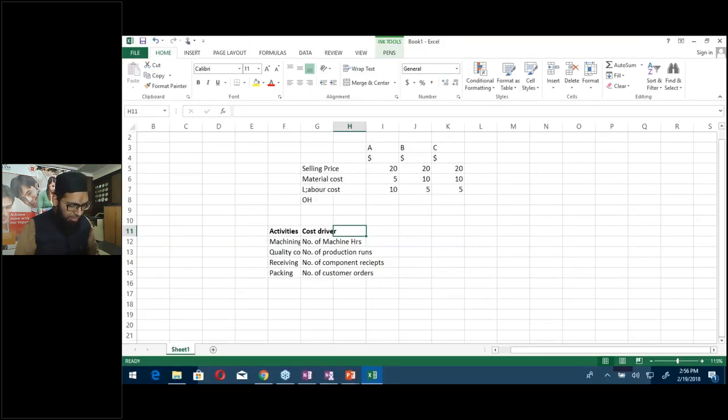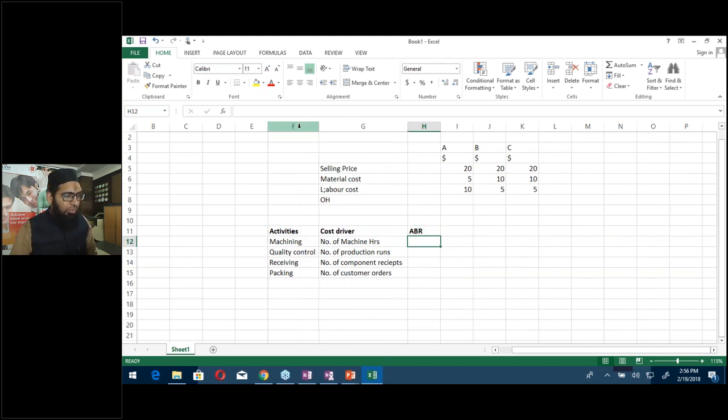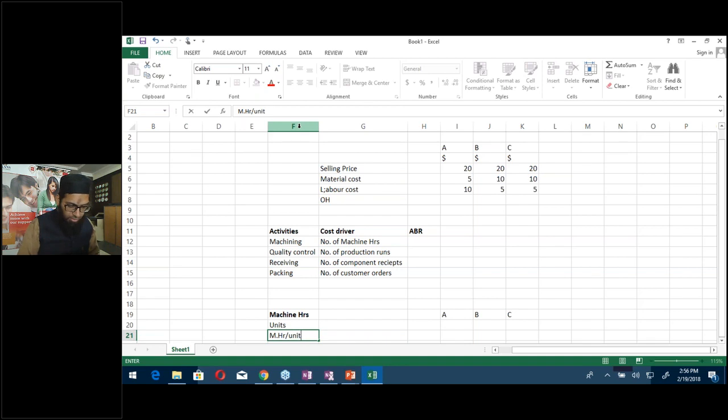So now we will be estimating the ABR. For ABR, we have the activity cost, but we have to estimate the cost driver, which is machine hours. So there are three products, product A, B, and product C. To calculate the machine hours, we have to multiply the units with the machine hours per unit.